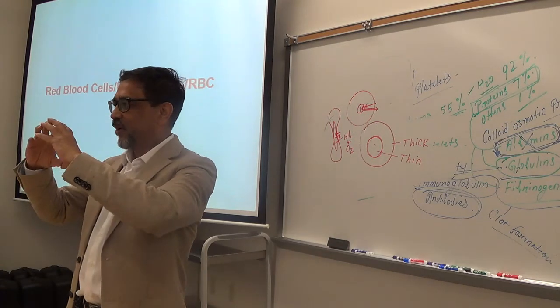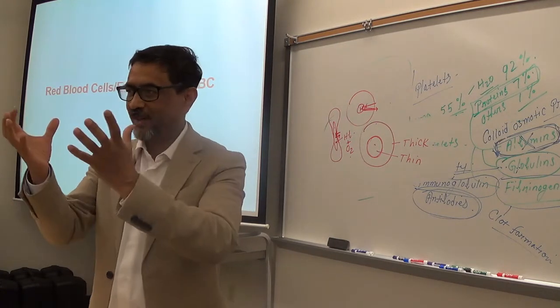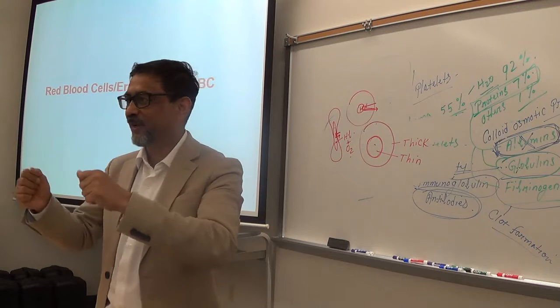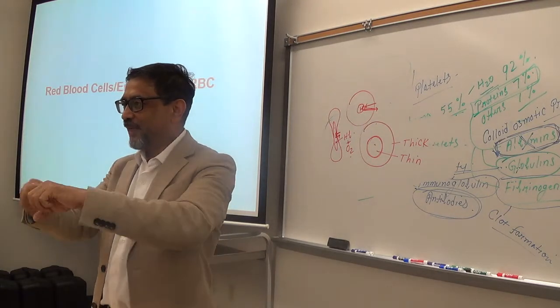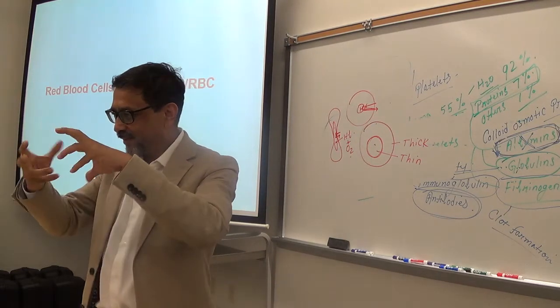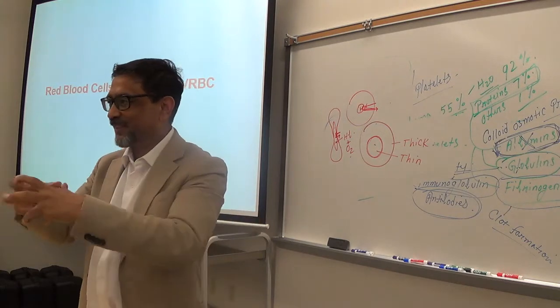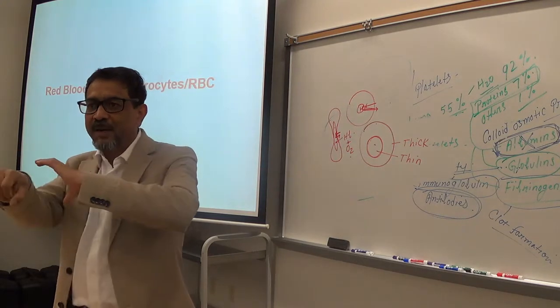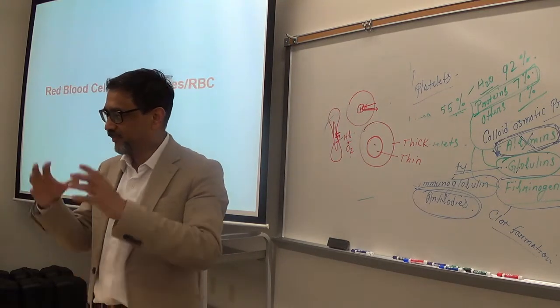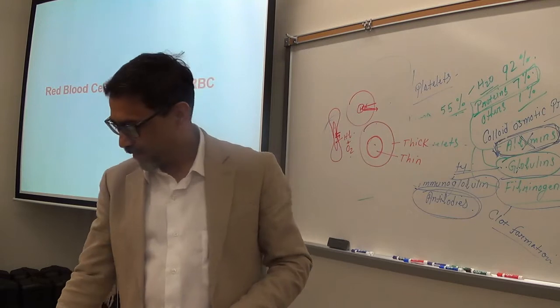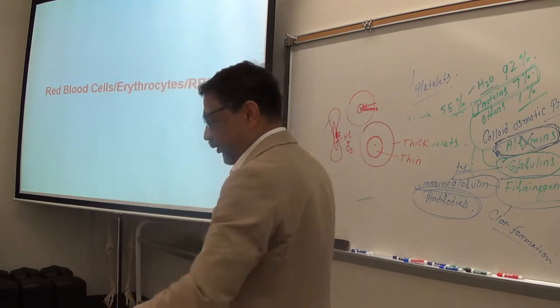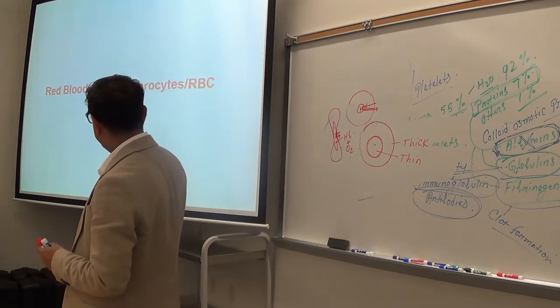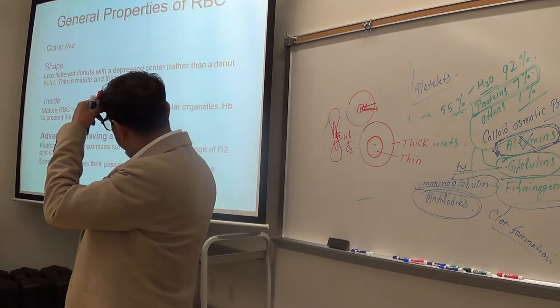If it is like a soccer ball, spherical, air-filled soccer ball, can you fold it? No. But if you take the air out and make it flat, you can fold it, right? At least squeeze it easily. So red blood cells can easily pass through the narrow capillaries because of the flatness of it. So those two things are helped by the shape of the red blood cell.